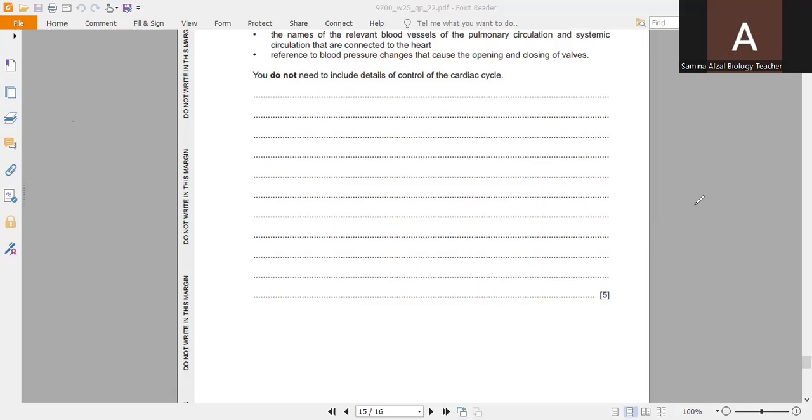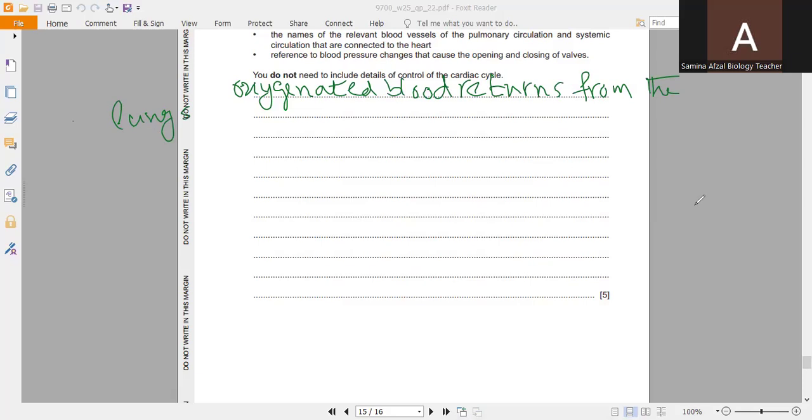I will start from the oxygenated blood. Oxygenated blood returns from the lungs and enters into the left atrium via the pulmonary vein.